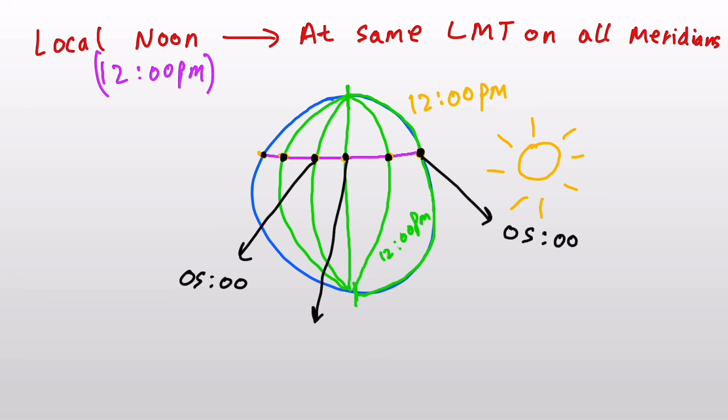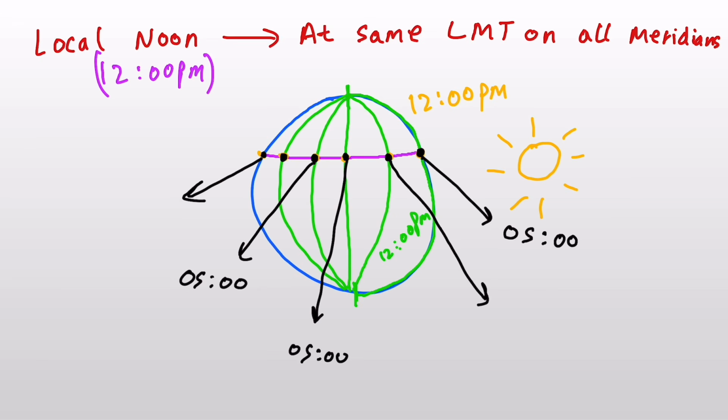Same for this longitude and for all longitudes in fact. The condition is that all these places should be on the same latitude. Okay, so local noon at same LMT on all meridians. Sunrise and sunset also happen at the same LMT on all meridians, but those meridians should be on the same parallel of latitude.